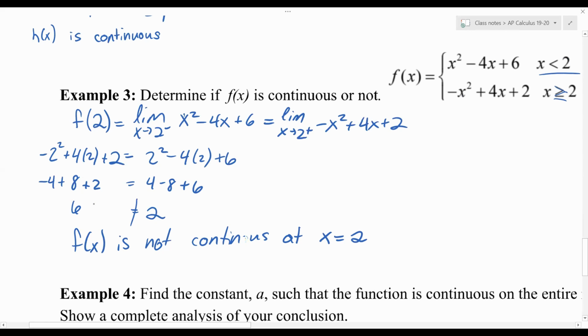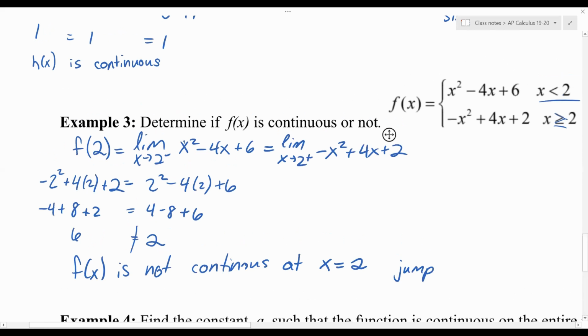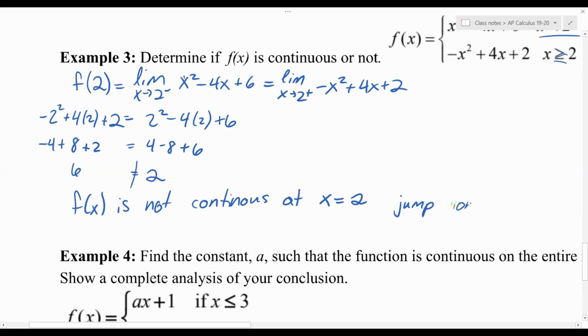Well, if the limit from the left and the right are not the same, it will be a jump from 6 to 2, which is non-removable. Just to fill this in, if we plug this in, it's the same as the beginning, 6. So the limit from the left and right are not the same. We have a jump. It's not continuous.